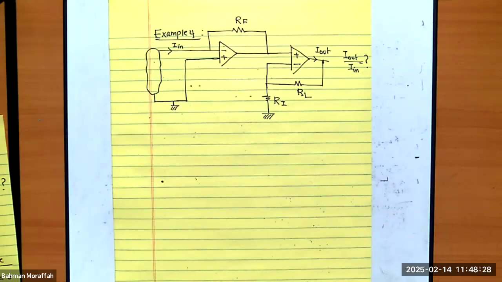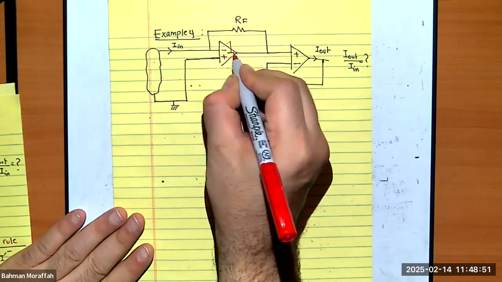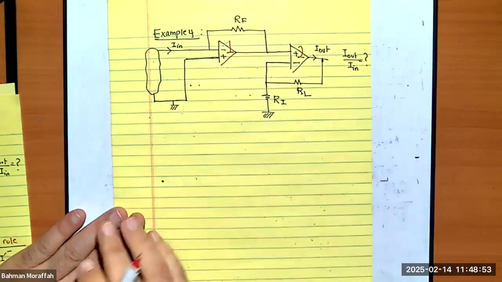If I have 10 op amps in a circuit, I can still write golden rules for every single one of them because they're ideal. And both of them have negative feedback, because the output of one of them is going back to the inverting side. So let me write the golden rule for the first op amp. Let's call this the first op amp, and this is my second.